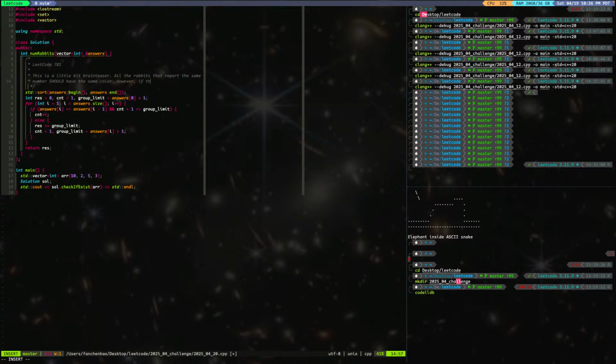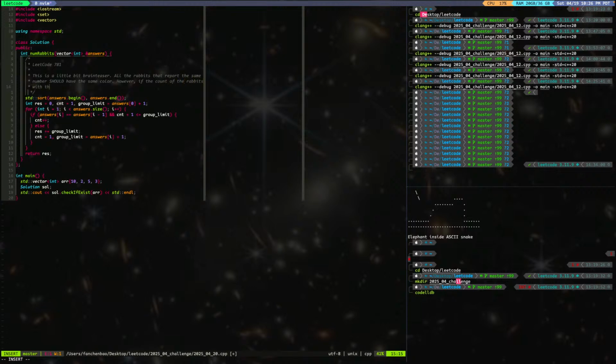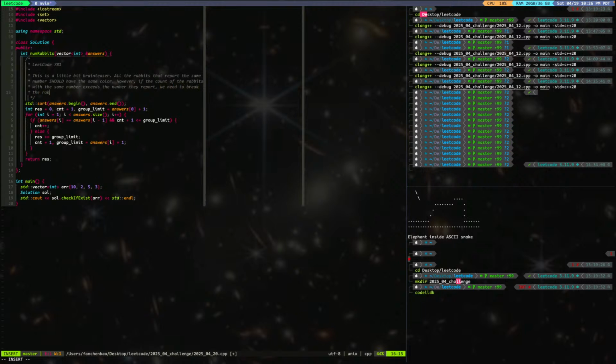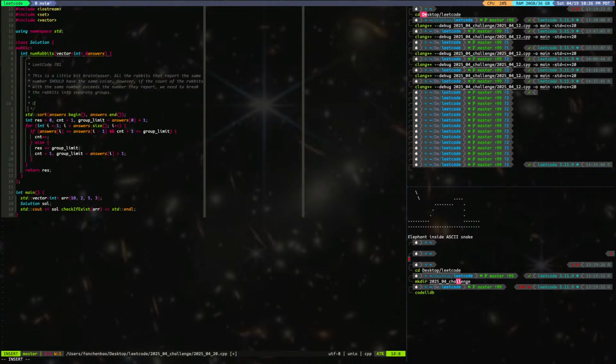However, if the count of the rabbits with the same number exceeds the number they report, we need to break the rabbits into separate groups. That's essentially it.